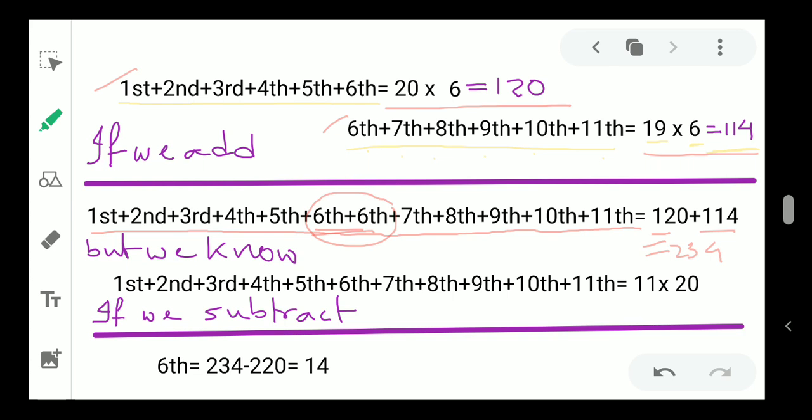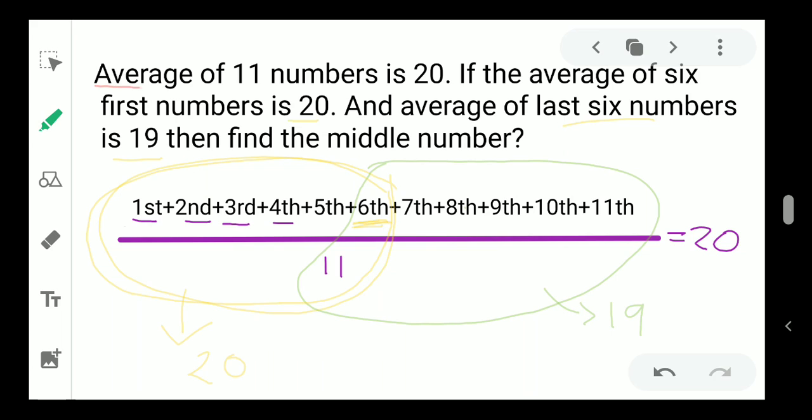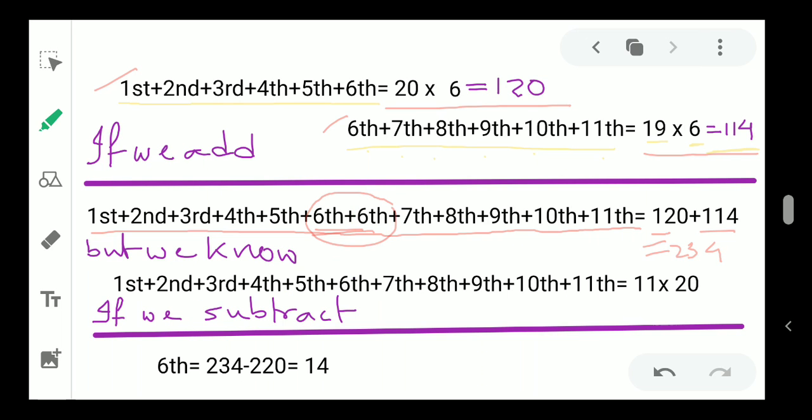Okay, but already in the first part of the question it is given that the average of the 11 numbers is 20. So the average of 11 numbers is 20, that means the total of the 11 numbers is 20 into 11, right? That is the addition of the 11 numbers, 11 into 20.